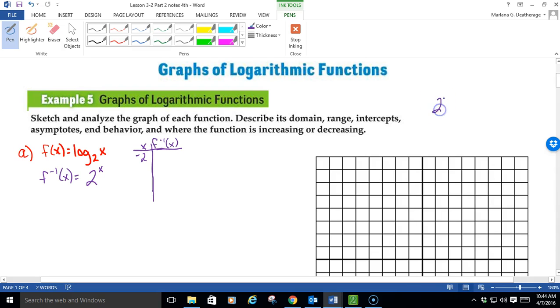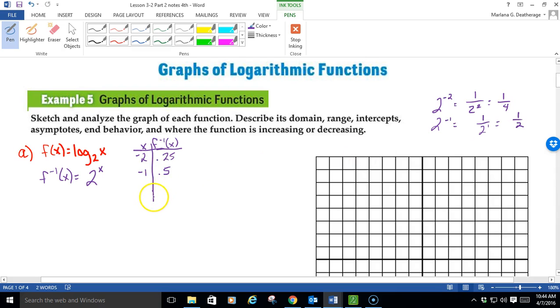If I have 2 to the -2nd power, that's the same as 1 over 2 squared, which would be what? What's 1 over 2 squared? 1/4. Which I'll put 0.25, we'll put the decimal. Alright, if I have 2 to the -1st power, that's 1 over 2 to the 1st, which is what? 1/2.